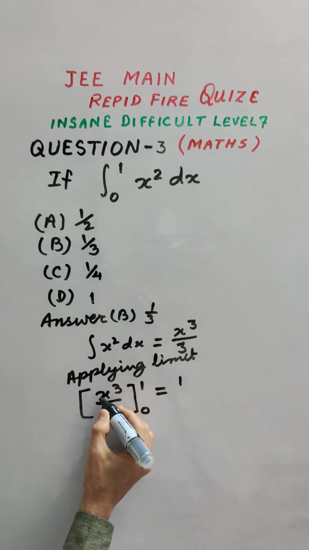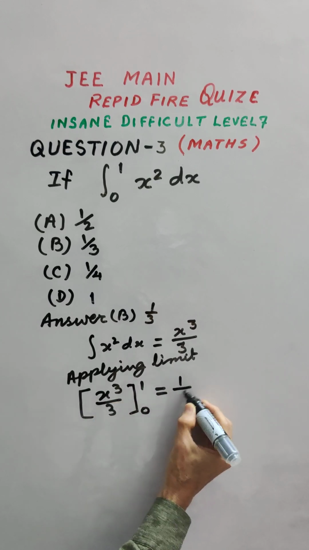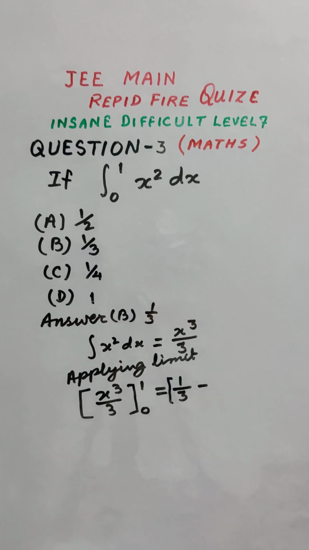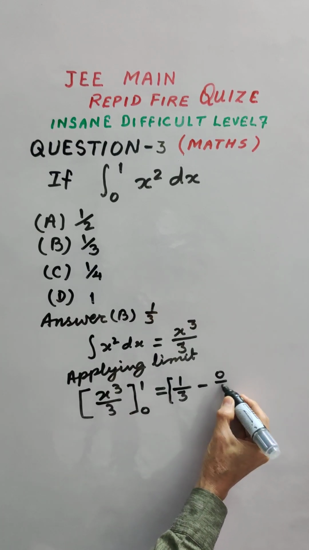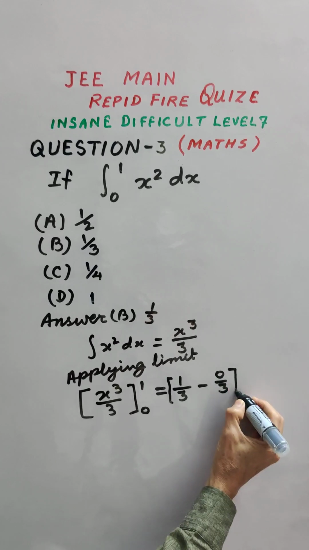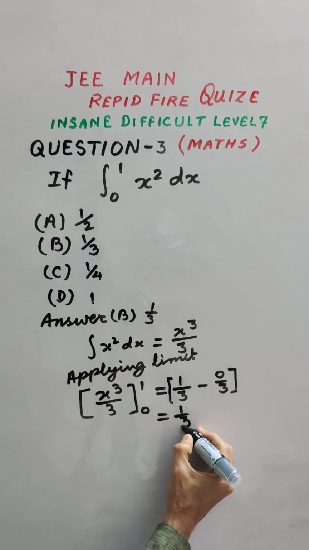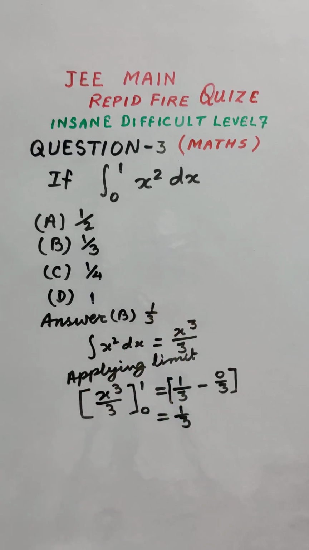In place of x we shall substitute 1. 1 cube is 1 upon 3, minus, in place of x is 0, 0 upon 3. So that is equal to 1 upon 3. This way the correct option is B, which is 1 upon 3.